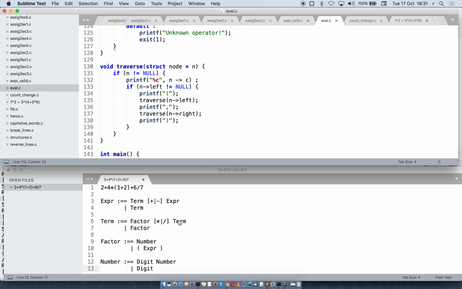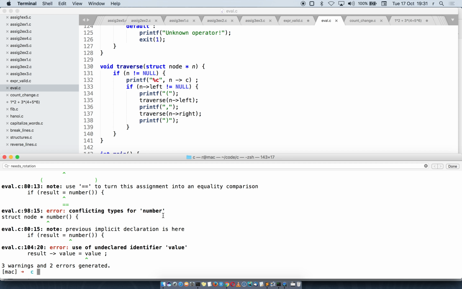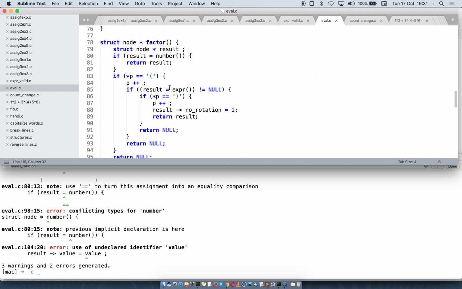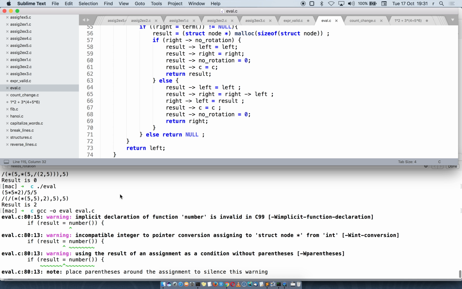So let's run, see if... all right, so if result equals number, this is a warning. What line is it? Line 18. And we should say not equals null, so that it's explicit what we mean.